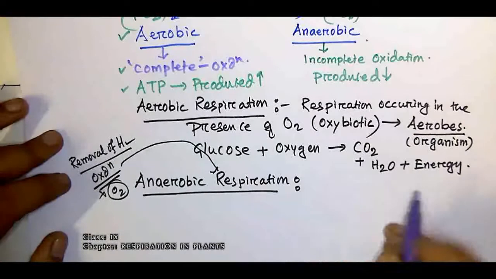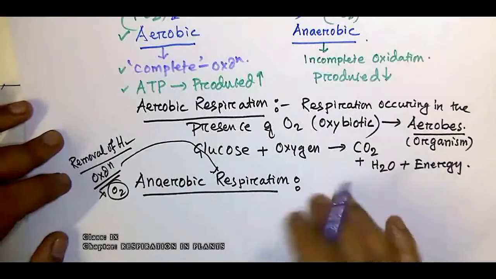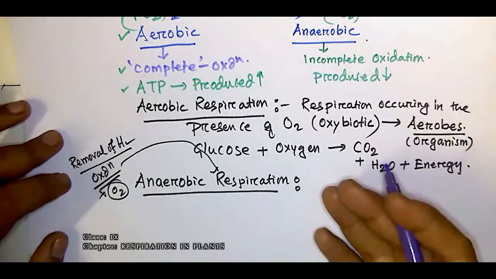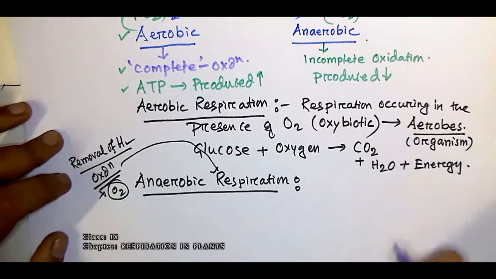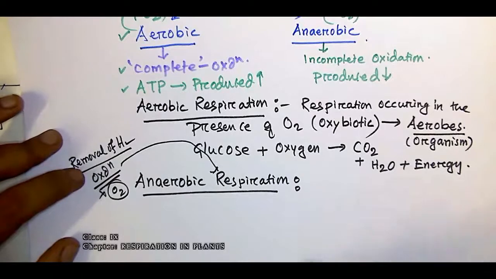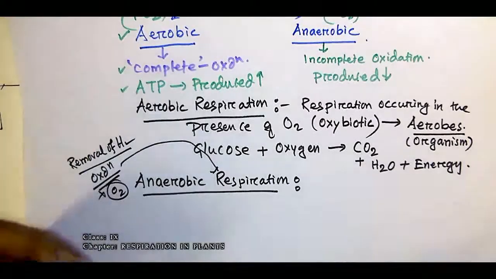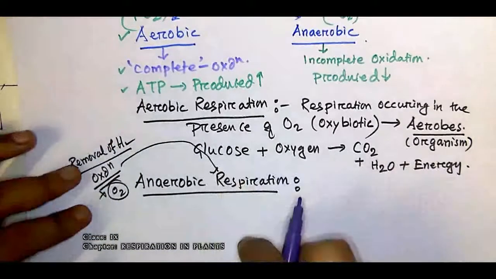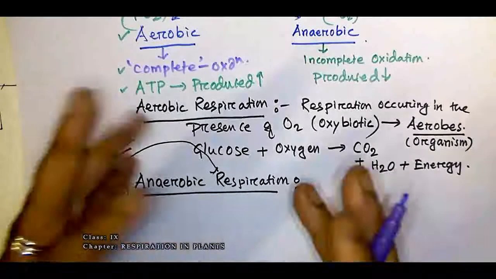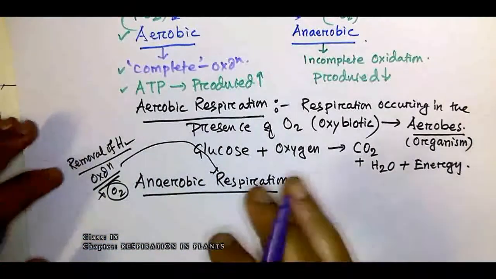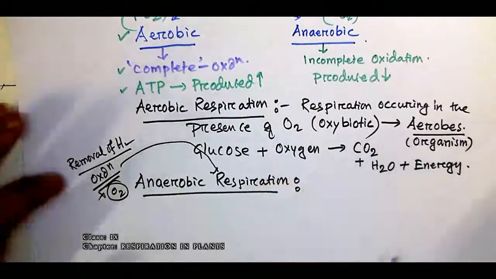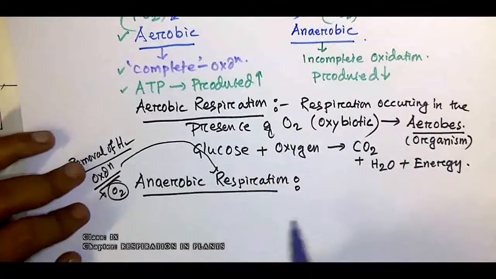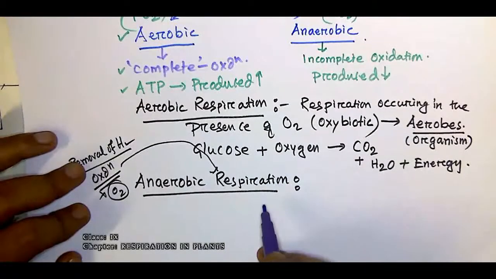So let's define it. It's much less common. In fact, less energy is produced in this particular process. It's a much less preferred process of respiration by the cells. But if you want a short-term boost of energy, that is, a lot of ATP, you require this.